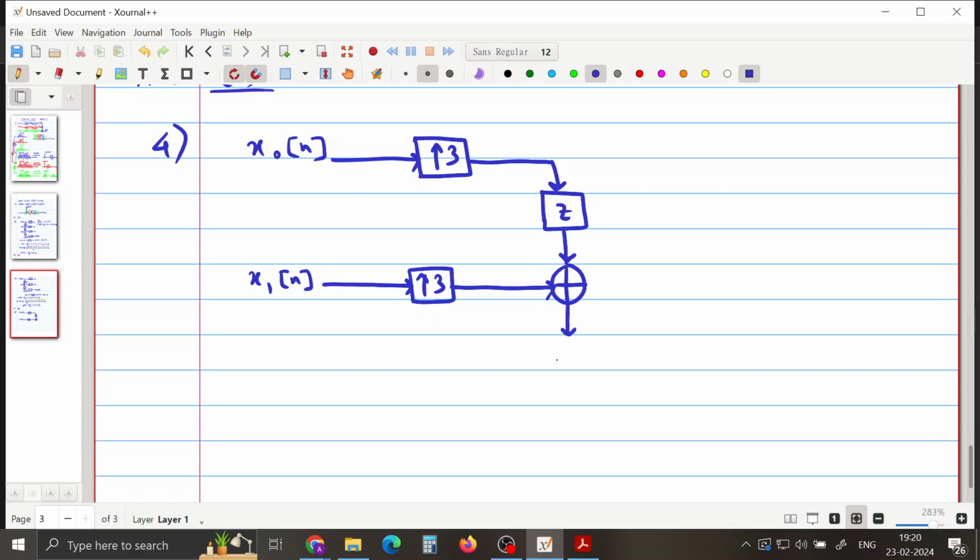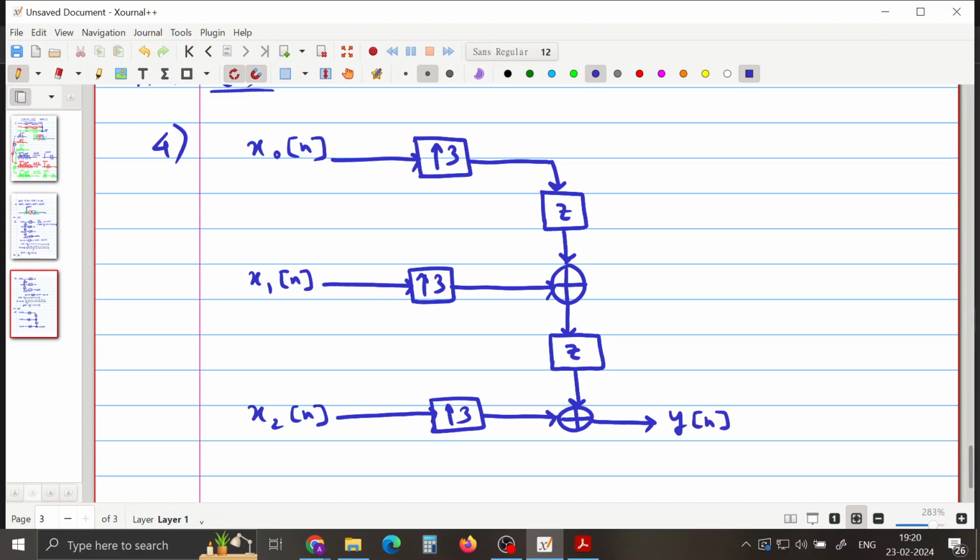Then the sum of these two passes through another advance block, and then we have the lowermost branch, which is x2 of n, then an upsampler, and finally the second adder, the final adder block, which gives me the y of n. This is the given block diagram.